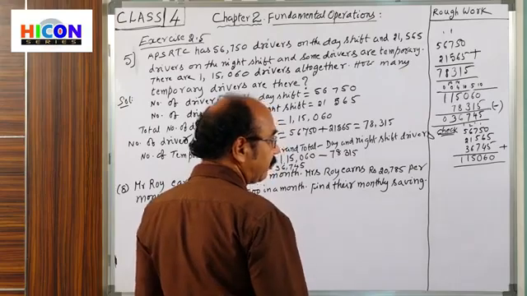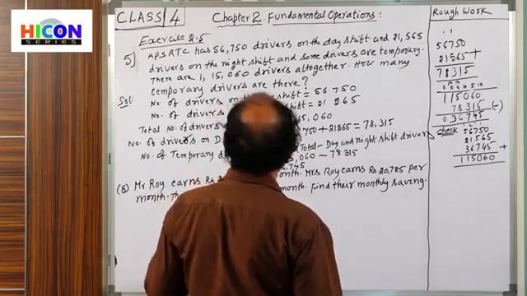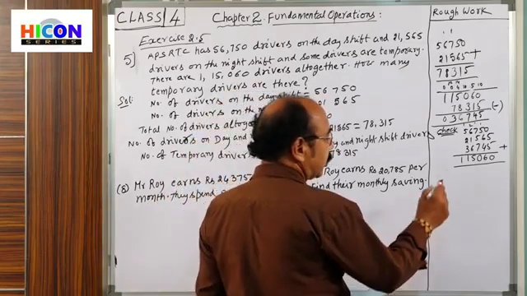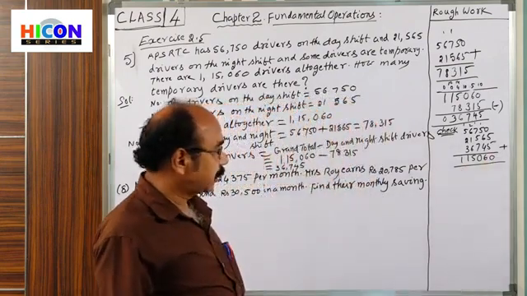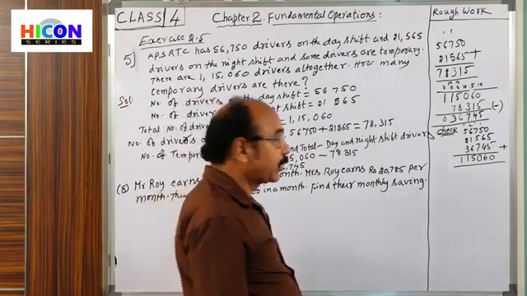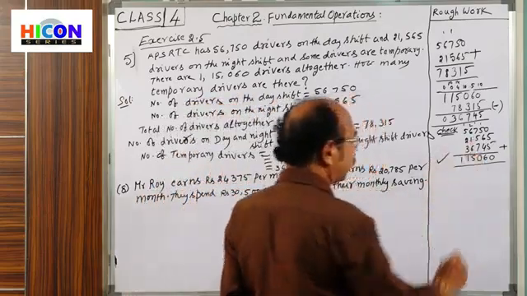Correct? 1,15,060. This is the total. So your sum is correct. Like this, you can check your answer.